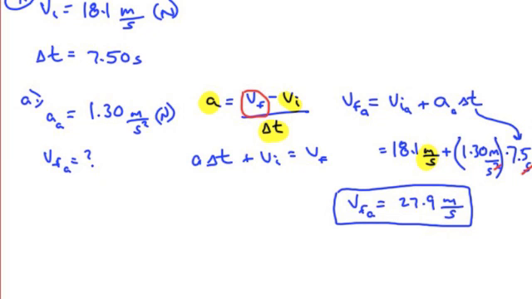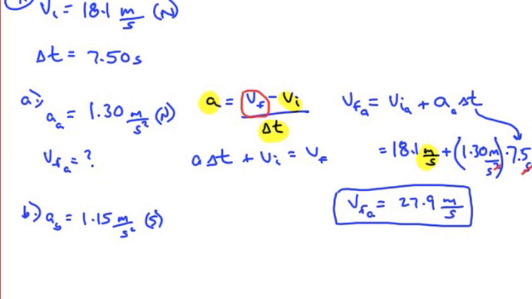Part B. Now we're told that the acceleration A sub B is 1.15 meters per second squared due south. What that really means is that the acceleration is in the opposite direction of the initial velocity.